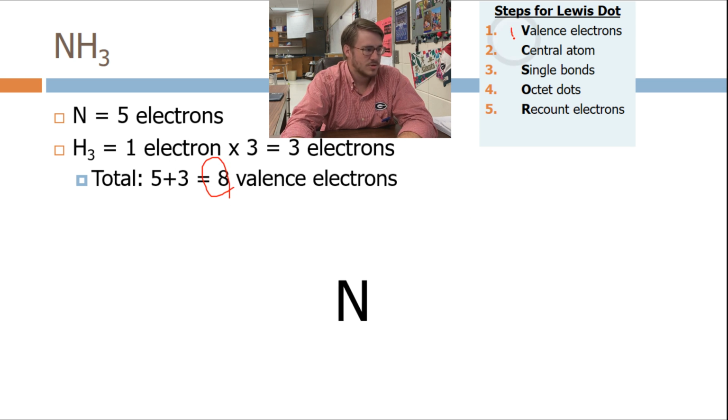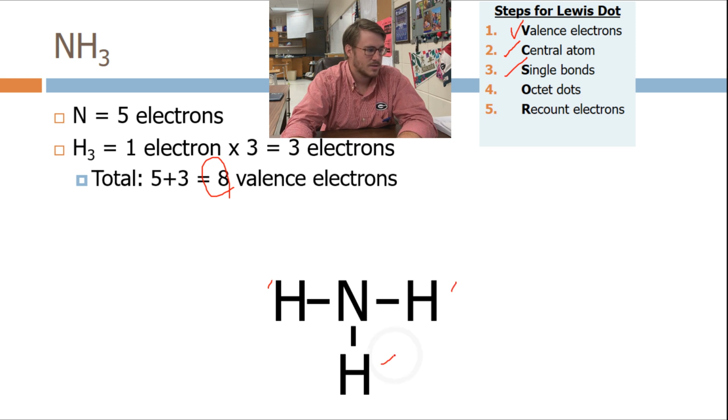So we draw our central atom and the hydrogens, and we put in single bonds. We check for 8. 2 for hydrogen, check, 2 for hydrogen, check, 2 for hydrogen, check. For nitrogen, 2, 2, 2. That's 6. Oh no, it needs 8.